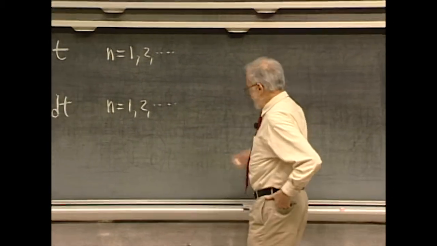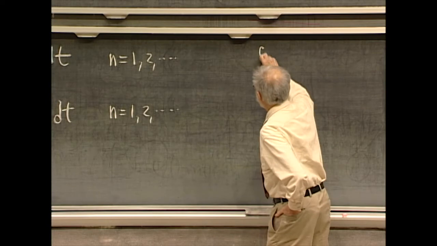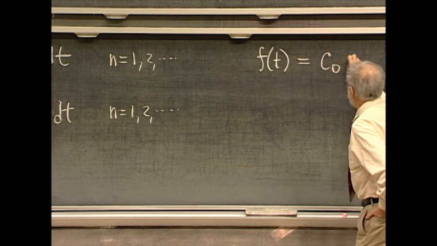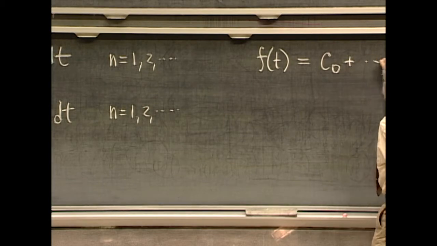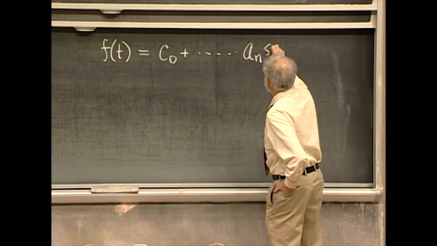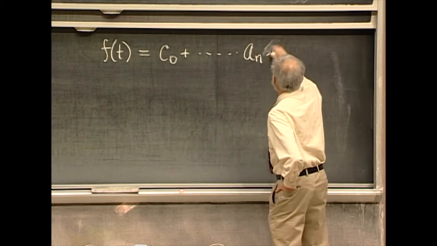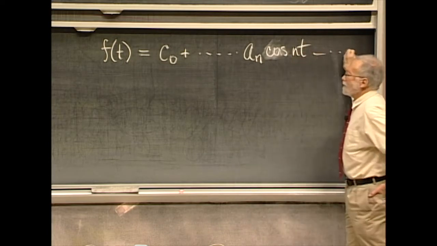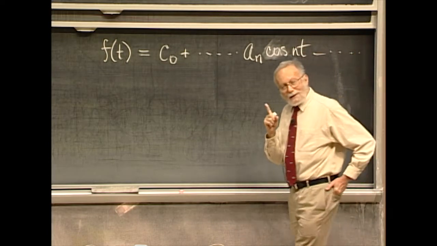How about the constant term? Suppose I repeat the argument for that in miniature. There's a constant term plus other stuff. A typical other stuff, an cosine, let's say. How am I going to get that constant term?